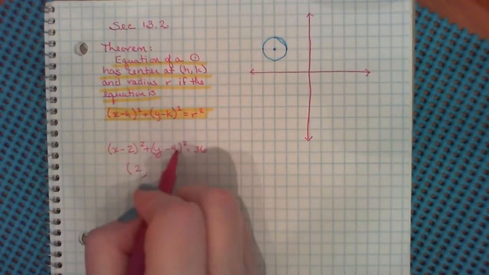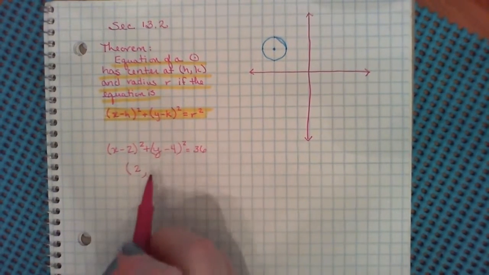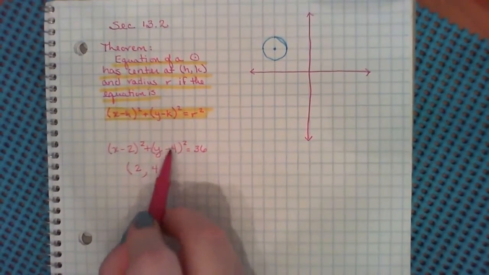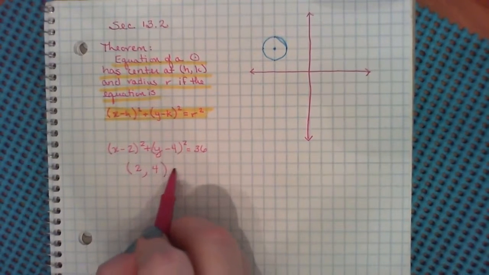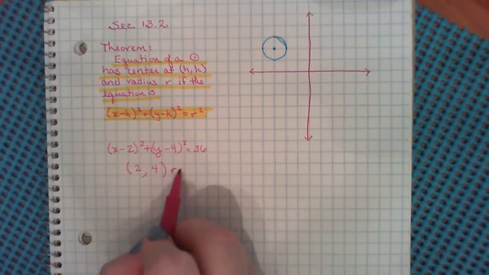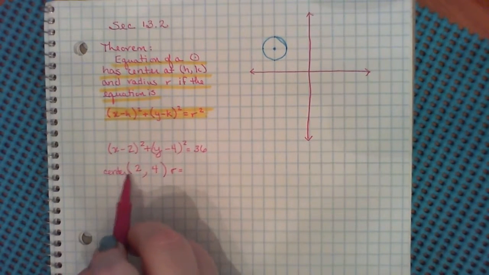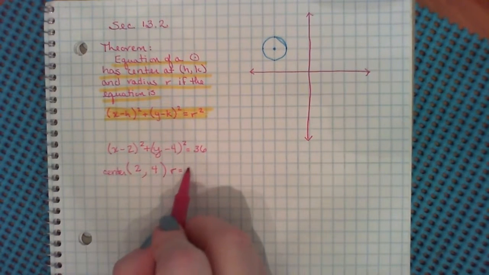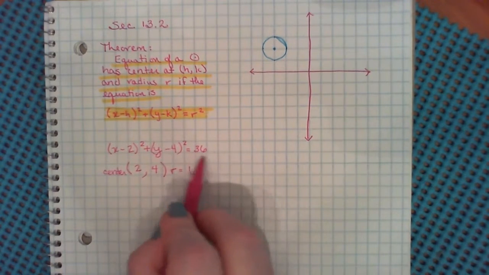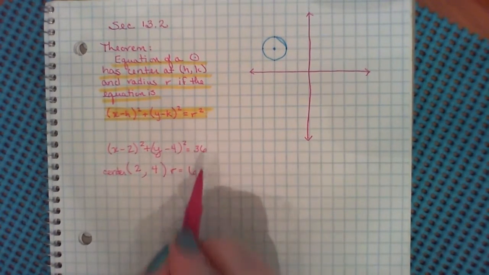And my k number comes from this one, which would be 4. It has a center at (2, 4) and a radius of 6, because that's the square root of that number.